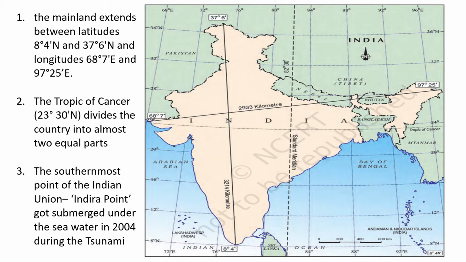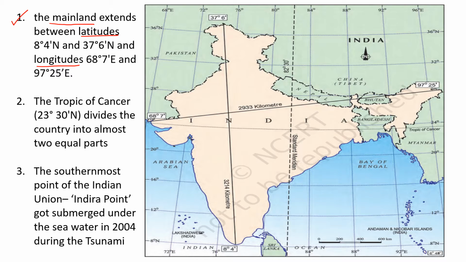Now, another important point regarding India: the mainland extends between latitudes and longitudes. We have to state India's latitudinal extension and longitudinal extension. We are talking about the Indian mainland.